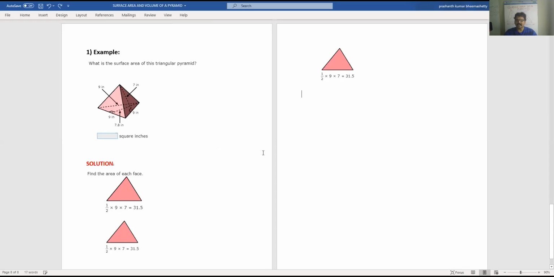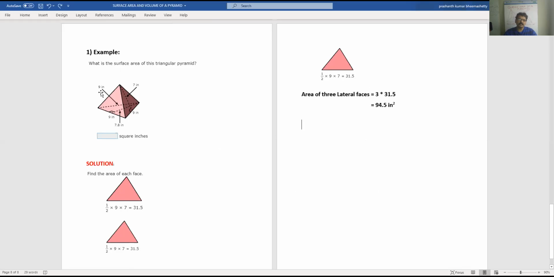So the area of the 3 lateral faces is 3 times 31.5, which is 94.5 square inches.